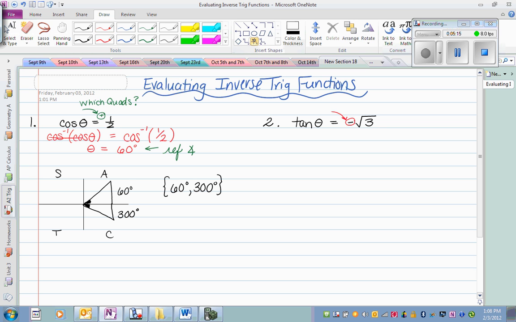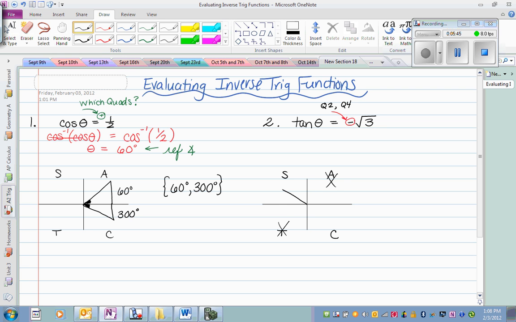What quadrants is tangent negative in? In my head, I'm always like, wait, it's positive in 1 and 3, so I don't want those ones. So it's in quadrants 2 and 4. Are you okay with that?